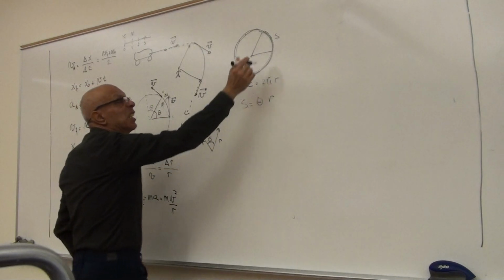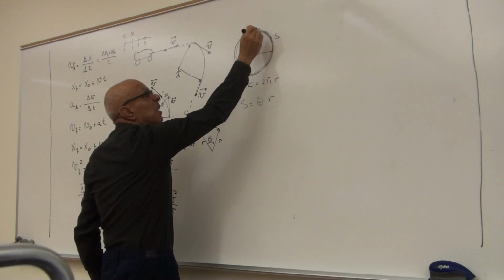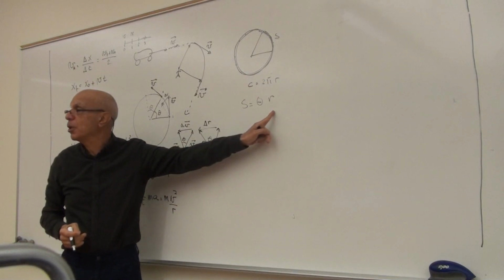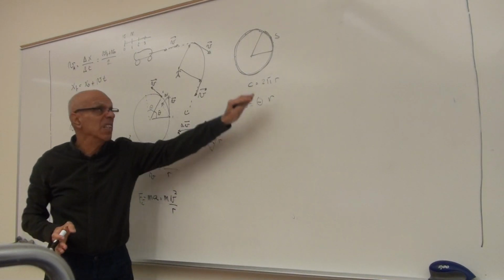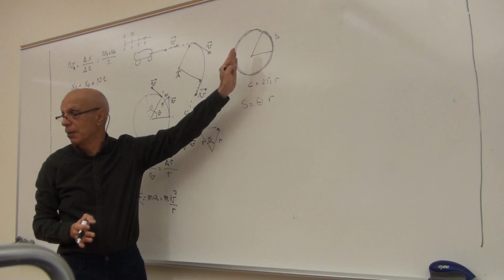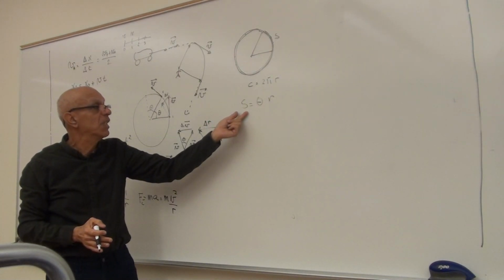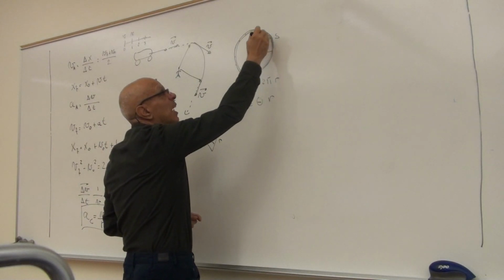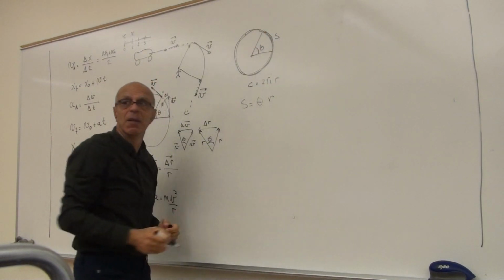how is S changing? Is R changing? Is the radius changing? No. But the angle is changing, right? So this is the relationship between this distance and the angle.